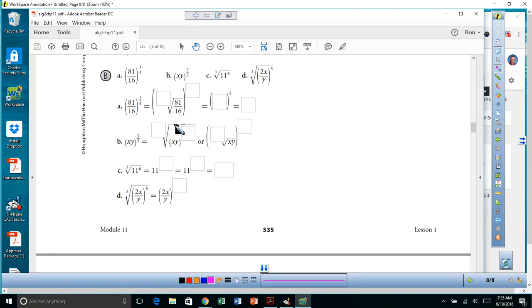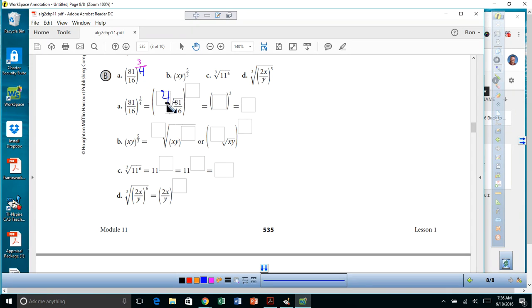What about B? Okay, now we're going to move some stuff around. So we'll say A. 81 over 16 to the 3/4 power.